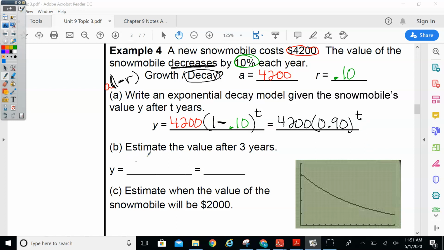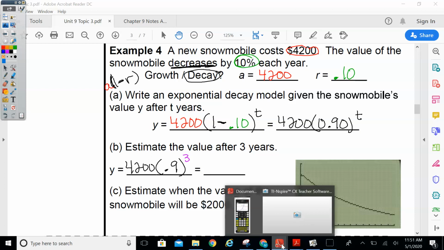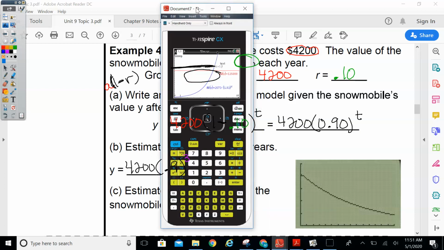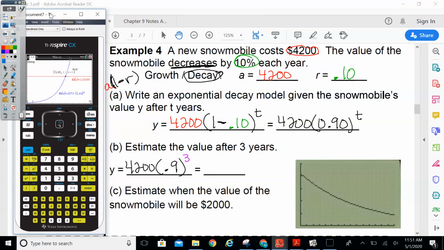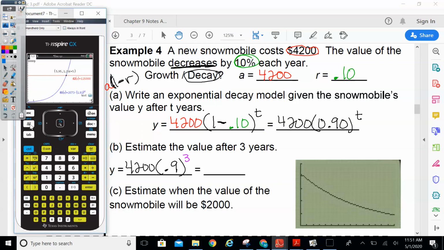Alright, so estimate, use calculator to estimate the value after 3 years. So 4,200 times 0.9 to the third power. So we just go type this in. So 4,200 times 0.9 to the third power.